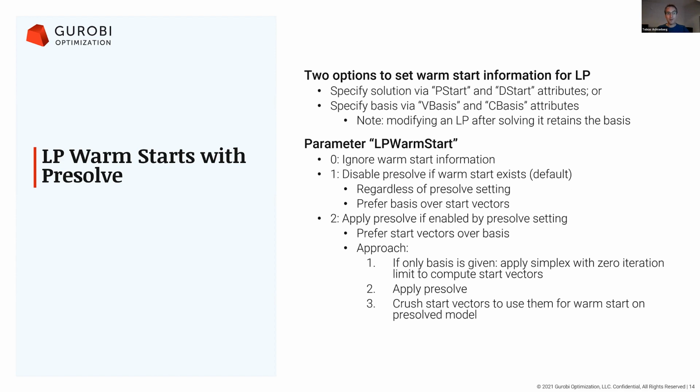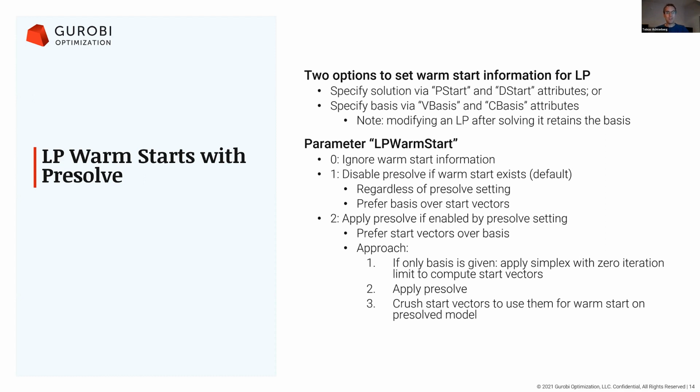So that means if you only provide a basis, then what we do is we apply pre-solve, but first, before we apply pre-solve, we would first construct these PStart and DStart vectors that we then need by applying the simplex algorithm with a 0 iteration limit. And of course, that means we just compute these start vectors from the basis.